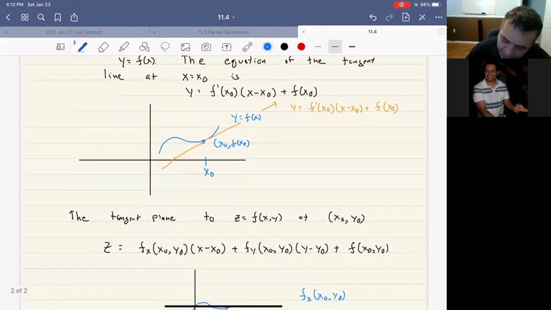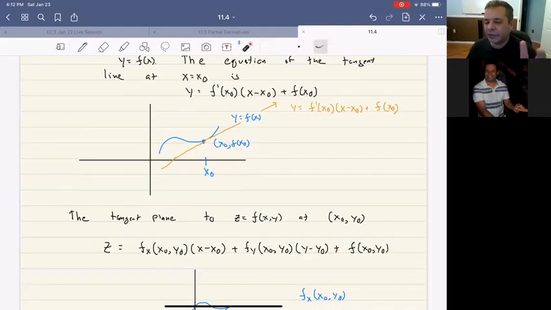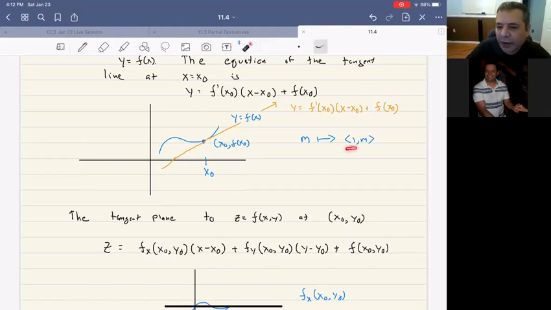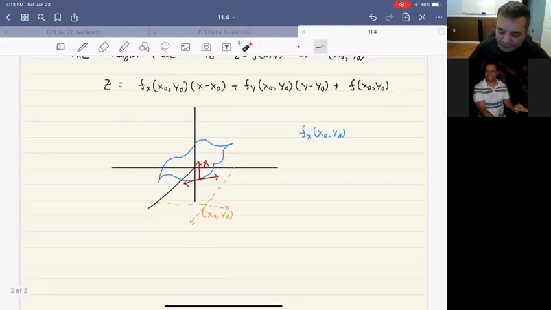When we were doing one dimension, when we were doing slopes, remember, I harped on this a little bit. I said m has this representation as a vector, 1, m, right? Which means as you move 1 to the right, you go up by m. Same thing here in 3D.